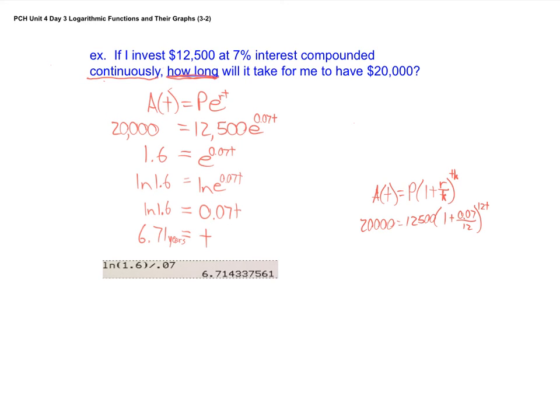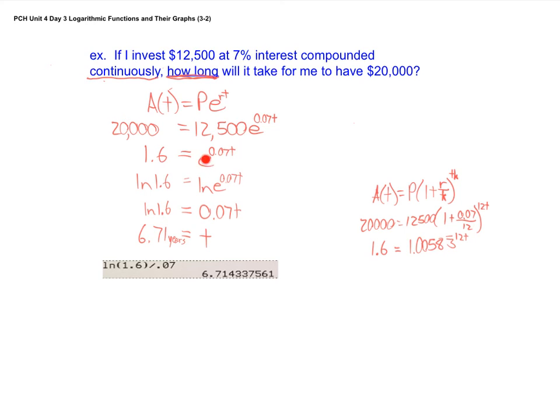Alright, but we'd start this one the same way. We'd have 1.6, and then we would simplify what's in the parentheses. We'd have a 1 plus 0.07 divided by 12, which is 1.00583, and that 3 would actually repeat, to the 12t power. And what makes this a little bit challenging is not really the process, because the process is exactly the same as what we did right over here.